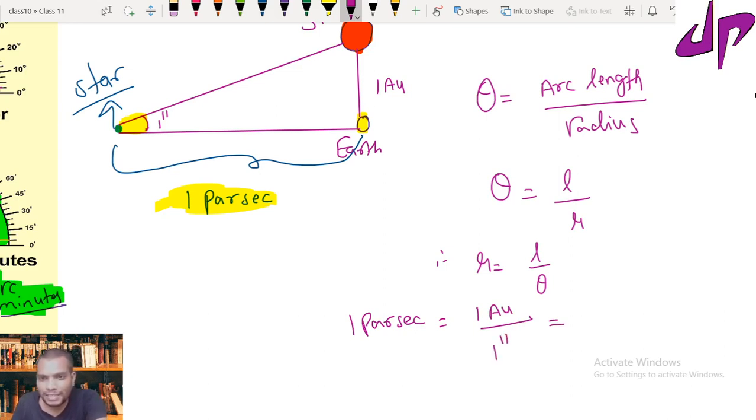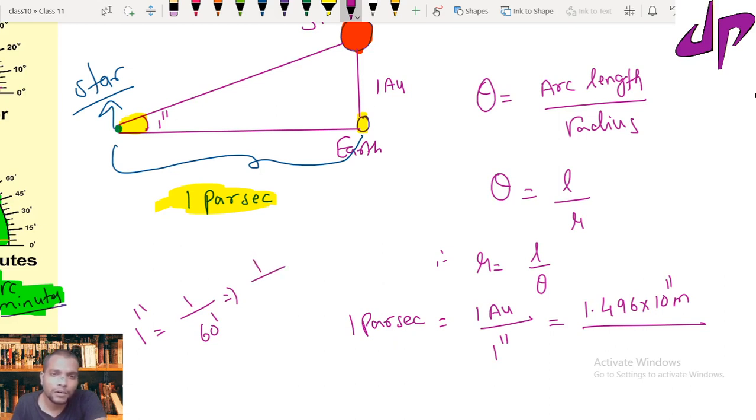How can we represent theta? It is an angle, so we have to convert that in terms of radians. And we know that 1 astronomical unit is nothing but 1.496 times 10 power 11 meters upon 1 second. 1 second is a 60th part of a minute, and a minute is also a 60th part of a degree.